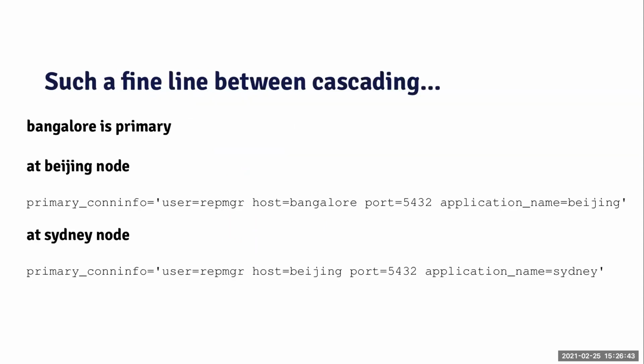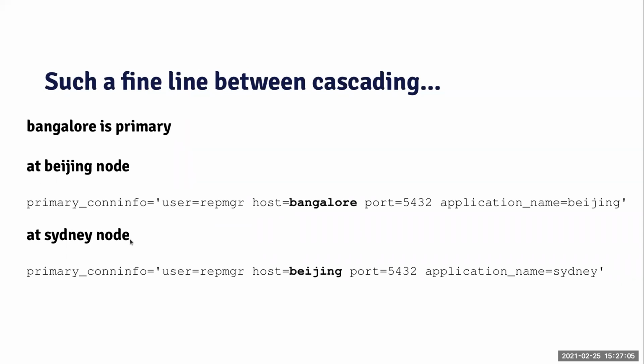Now, the difference is really a fine line between cascading and normal replication. In cascading, you have Bangalore, which is the primary node, Beijing is one of the replicas, and Sydney, you saw, is a different replica. The only difference in the primary connection info, which I already showed you, is the host.